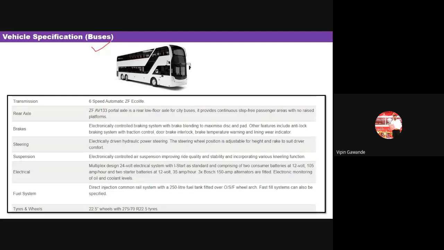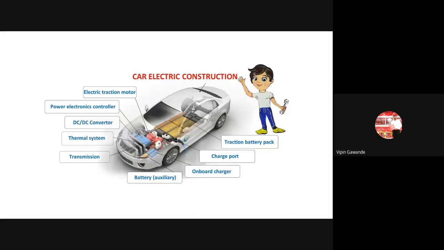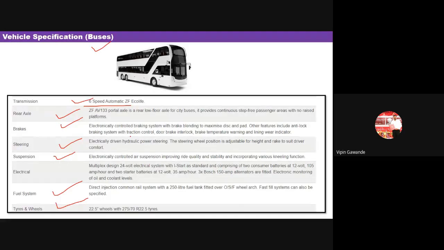And if you are going for the bus, here this is 6-speed automatic, rear axle, brakes are mentioned, steering system is mentioned, suspension, fuel system is mentioned, and the tire size is mentioned. So this type of things are mentioned in the specifications while purchasing any vehicle.